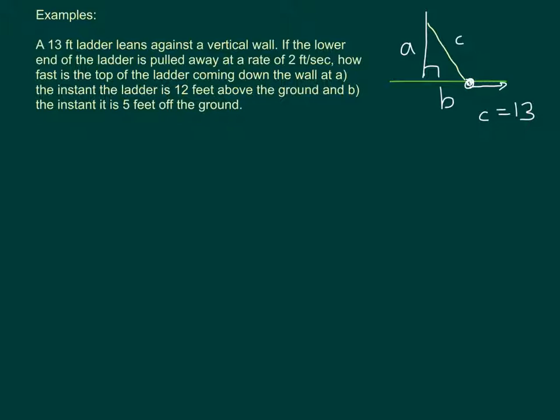The ladder's not changing, it stays 13 feet. What's changing is my distance of B here. My length of this bottom part of the triangle is changing. So my change in B with respect to time is where the 2 comes in. And that B is getting longer, so it's going to end up being a positive 2.